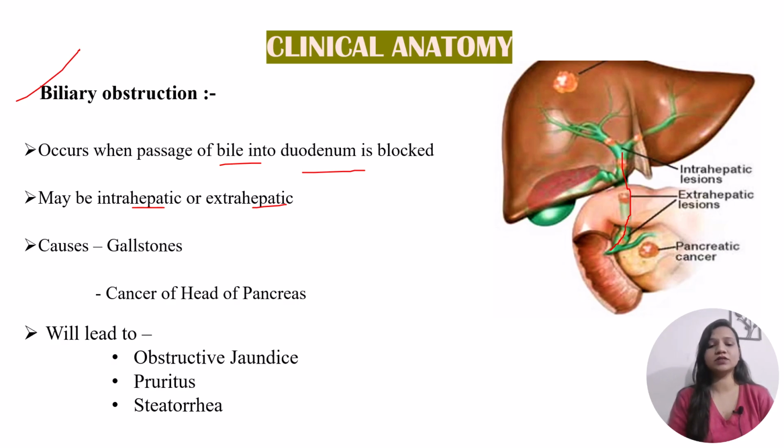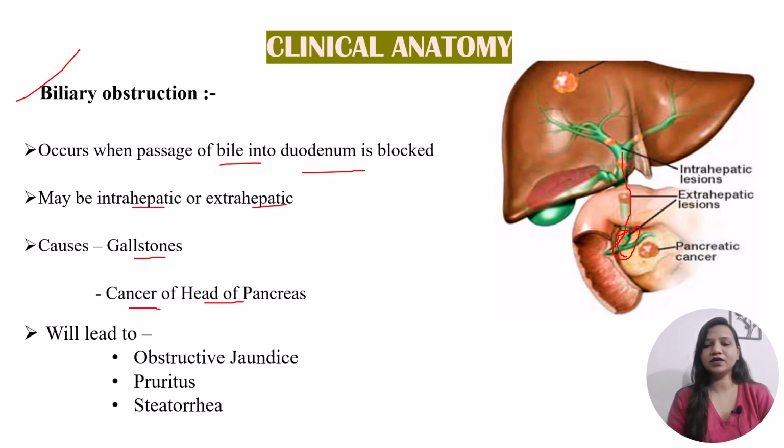Its possible causes are, first, gallstones. The blockage can occur due to the presence of gallstones in the apparatus and also due to cancer of the head of pancreas. So what happens here? Due to the cancer of the head of pancreas, as you can appreciate here, this is the head of pancreas.